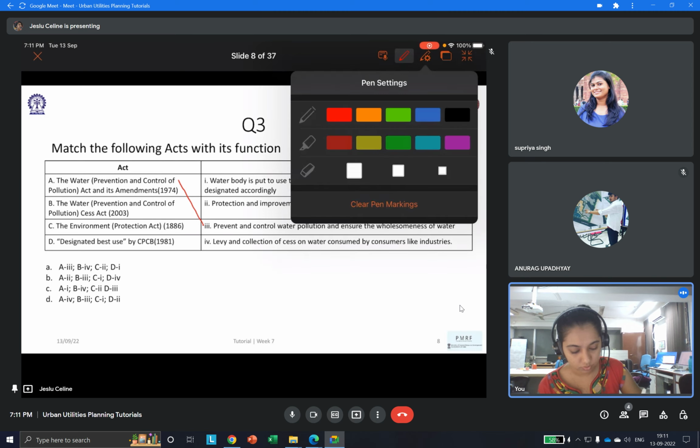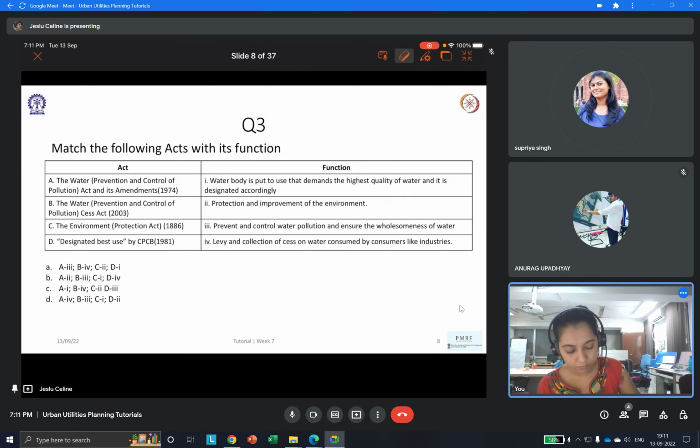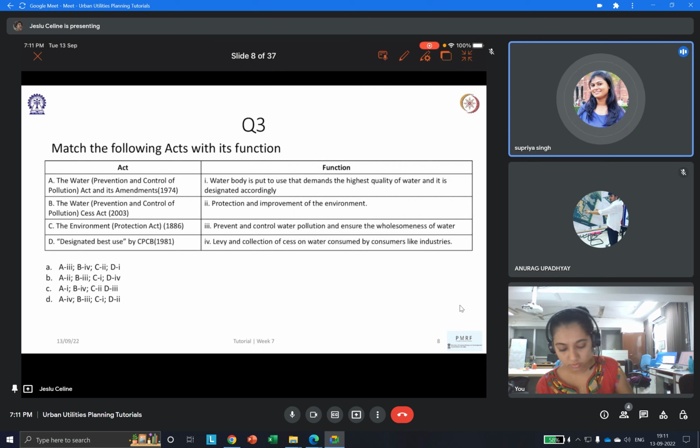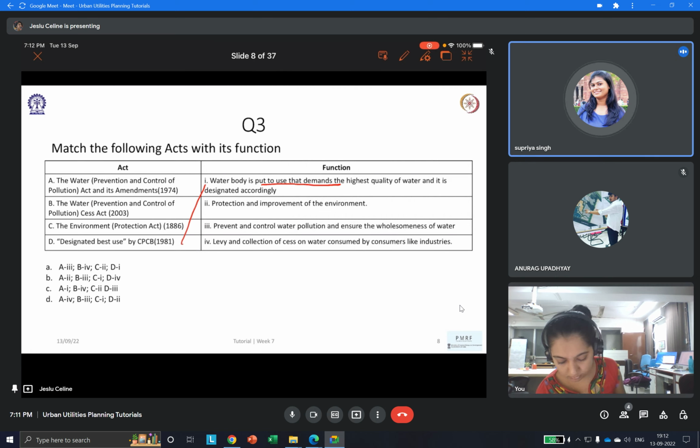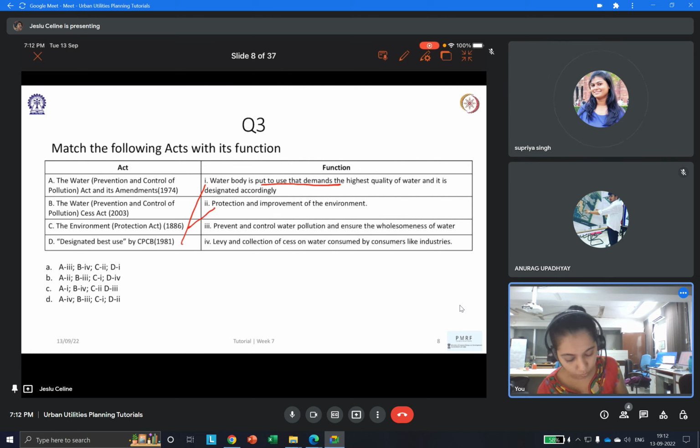I'll just erase this off. So Supriya, what were you saying? D is 1, C is 2, designated best use. You're saying that water is put to the use that demands it. Fine. And then Environment Protection Act is the second one, meaning protection and improvement of environment.